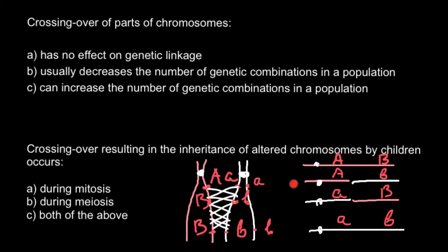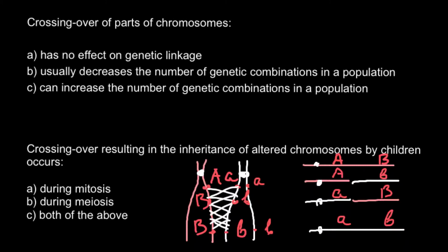So the number of recombinants cannot exceed 50%. But if we move dominant gene B closer to gene A, as you see, the number of possible recombinations would be less, and the number of recombinants here also would decrease.